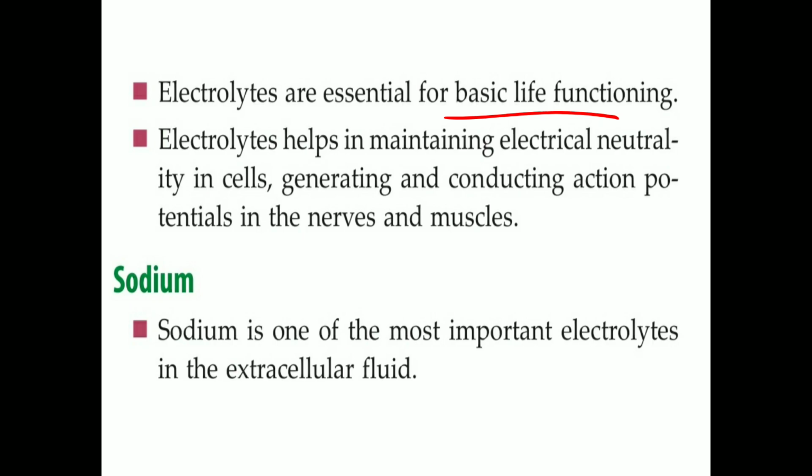They are very essential for basic life functioning, and help in maintaining electrical neutrality in the cells. They help in generating nerve impulses and in conducting action potentials in the nerves and muscles.